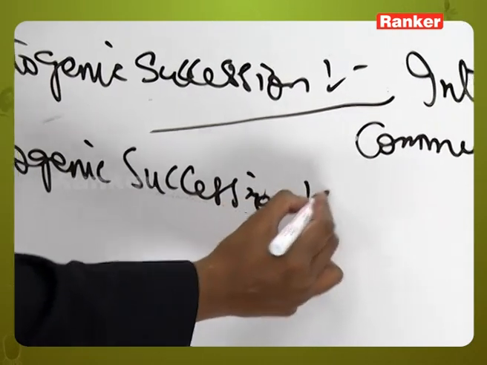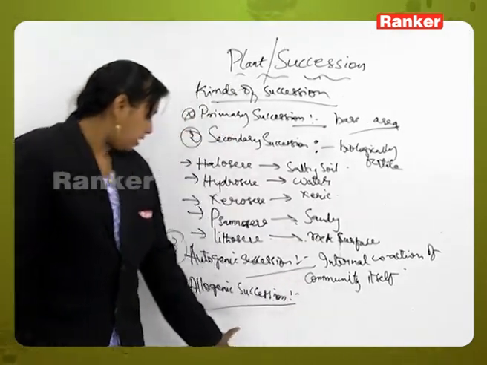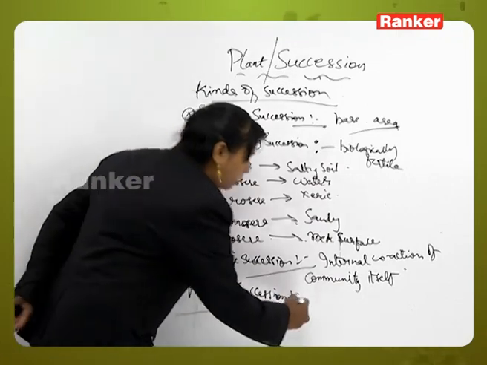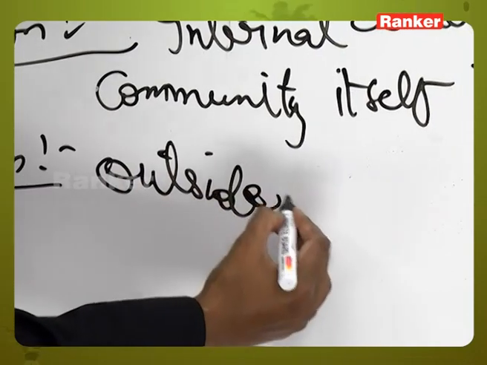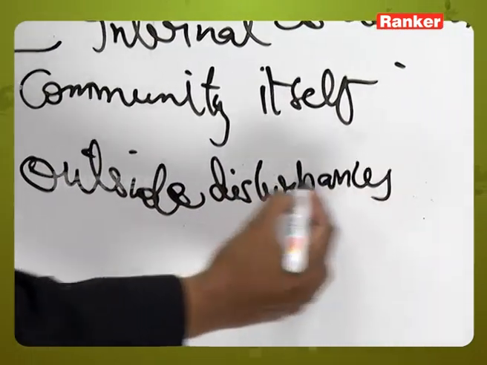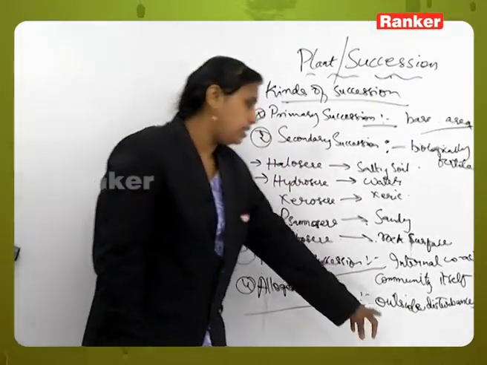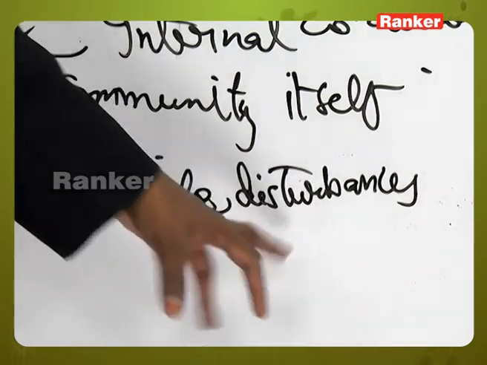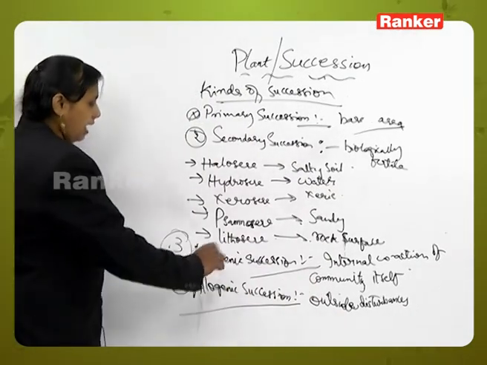If the succession is affected largely by outside disturbances, like fire or some storm, then that type of succession is called allogenic succession.